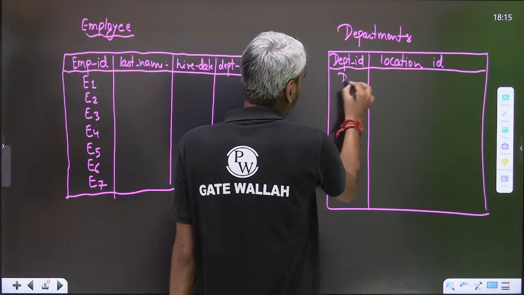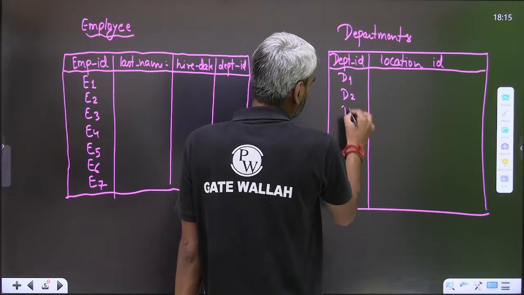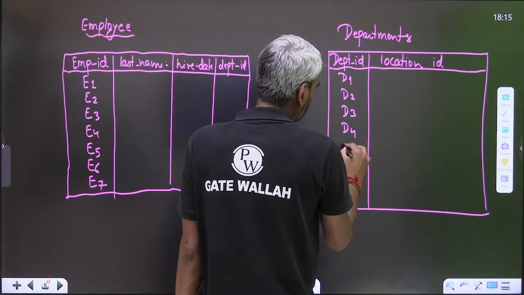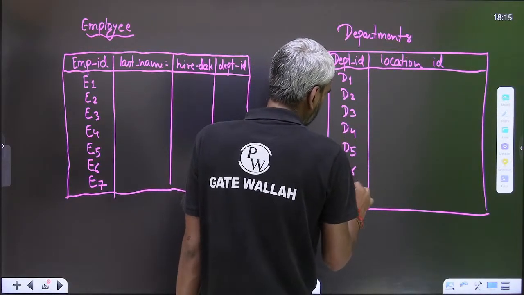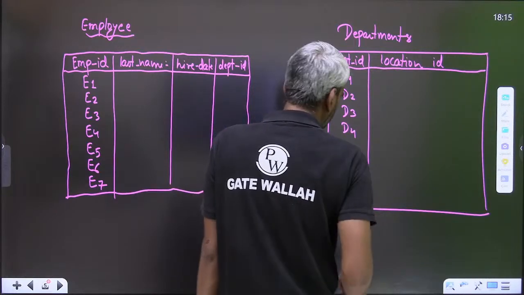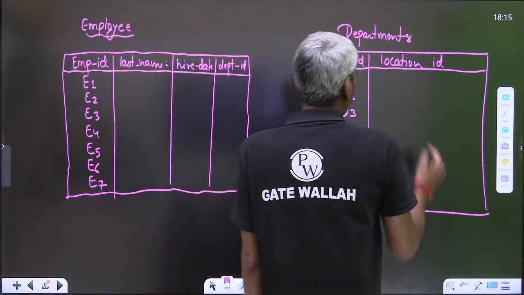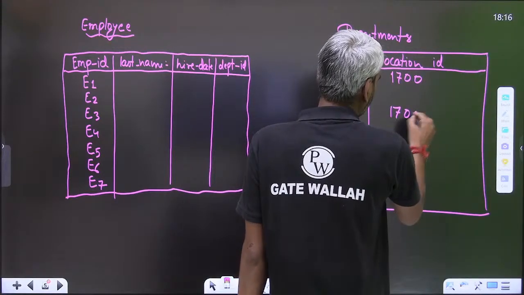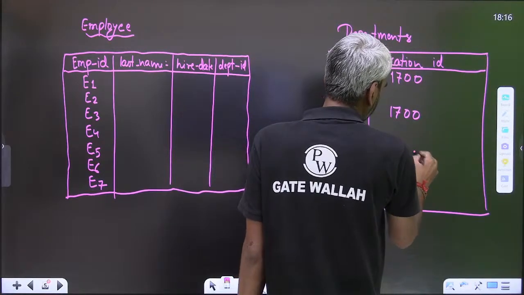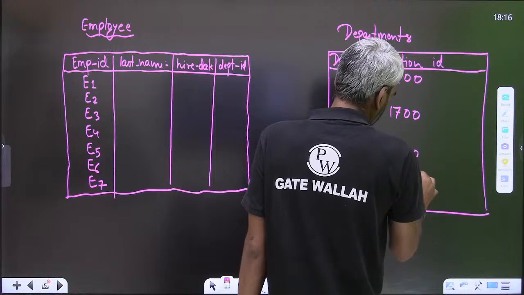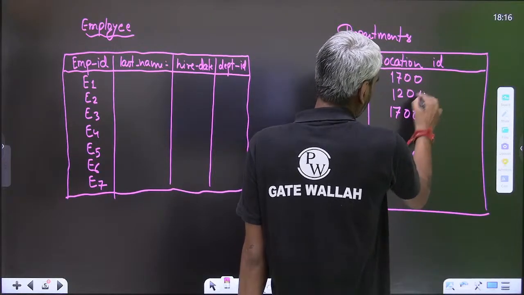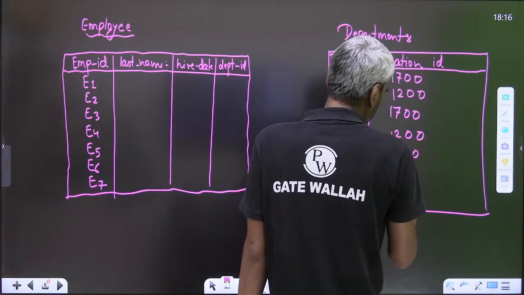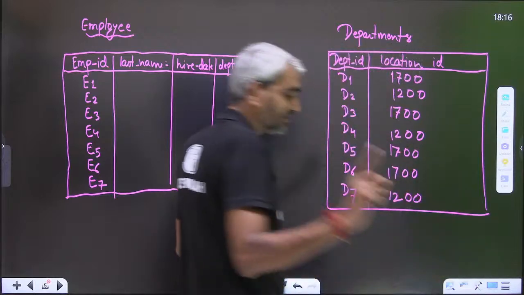And let's have some departments, D1, D2, D3, D5, D6, D7. We are not using all of them, but let's say that some of them are at location 1700. Remaining are, let's assume, at the location 1200, just to be precise.